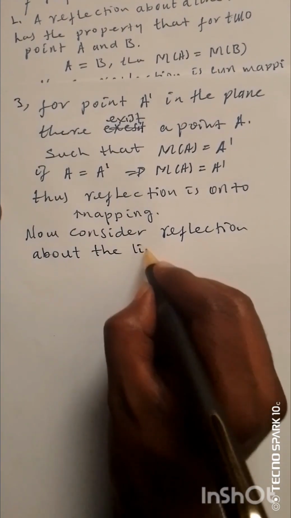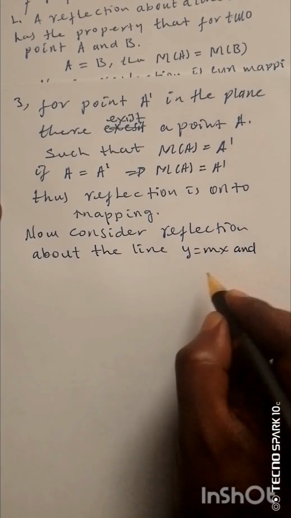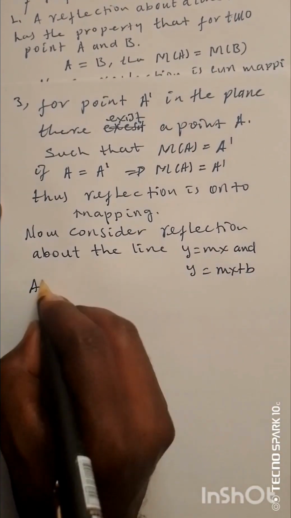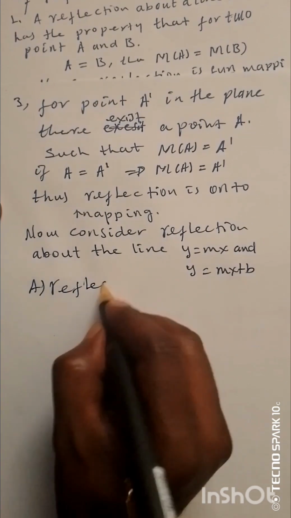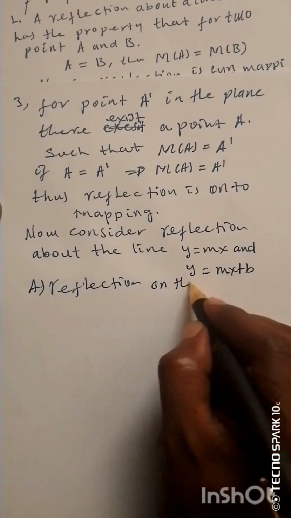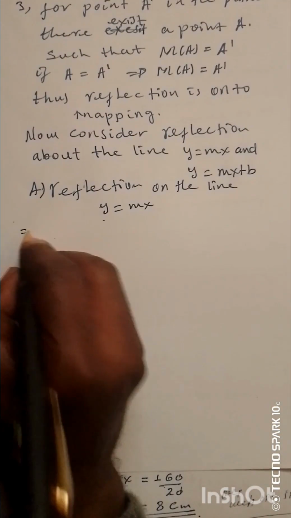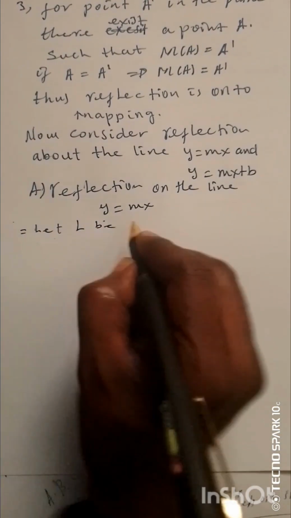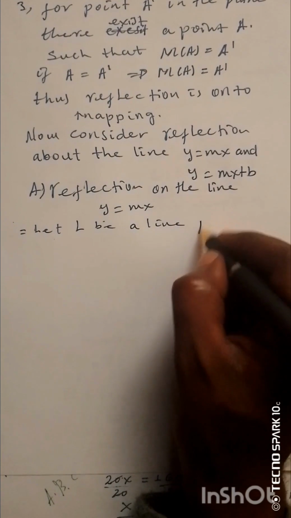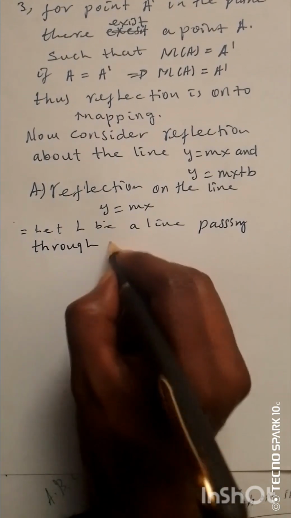Now let's consider a reflection about a line L, that is y is equal to mx and y is equal to mx plus b. Let's see the first one. A reflection about the line y is equal to mx is a reflection on a line passing through the origin that makes an angle theta from the positive x-axis to the line.